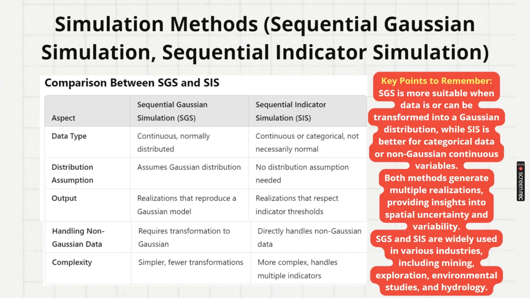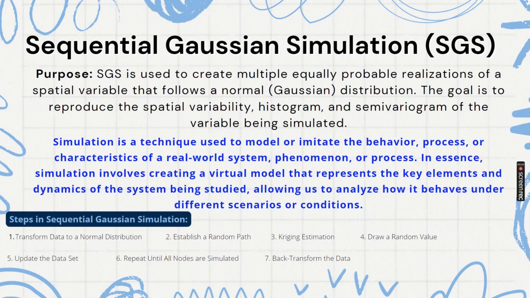SGS and SIS are widely used in various industries including mining, exploration, environmental studies and hydrogeology, and they most often give successful estimation.